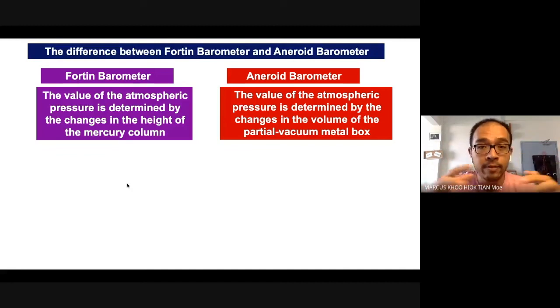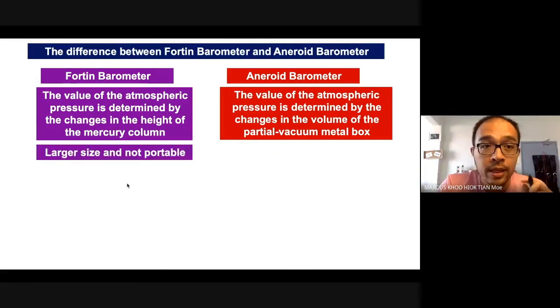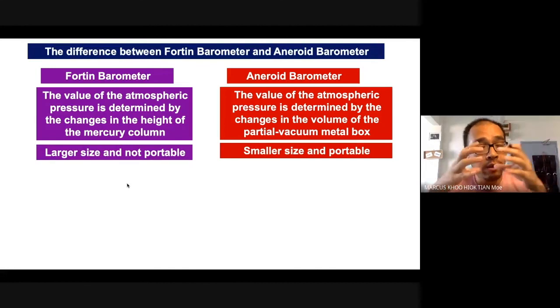Remember the diaphragm you saw just now? Once that changes, the aneroid barometer reading will change as well. Secondly, the Fortin barometer is large and not very portable. It's a huge hassle to carry. Imagine carrying a 1 meter stick everywhere you go. But the aneroid barometer is very small, and you can bring it anywhere.